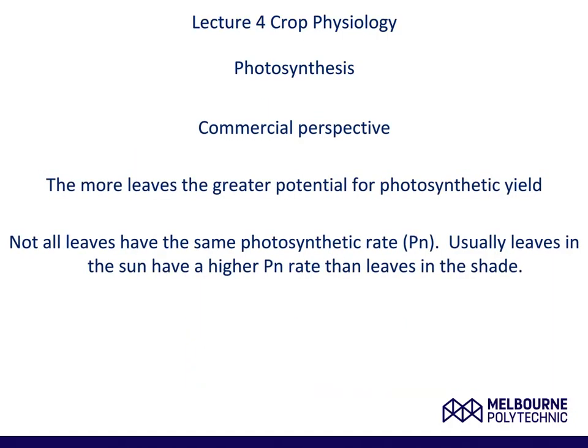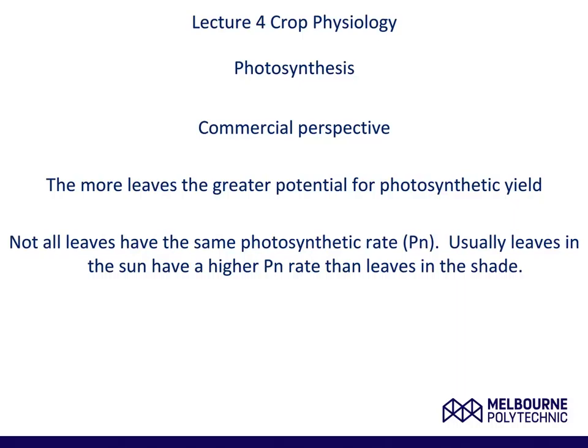The photosynthetic rate tends to describe how fast a plant is photosynthesizing. But you can also think of the overall photosynthesis in a plant, or what we call the photosynthetic yield.